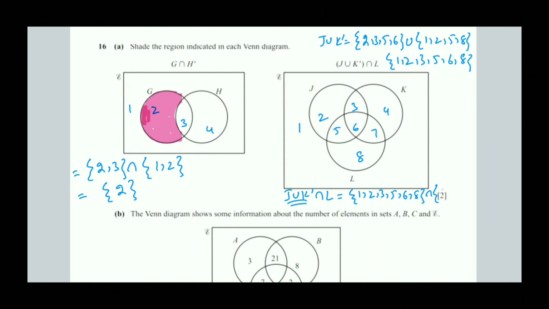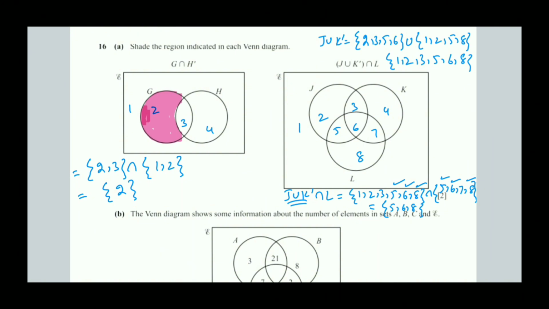Intersection L. L is 5 6 7 8. So intersection means the common numbers are 5, 6, 8. The 5, 6 and 8 part will be shaded. Simple.